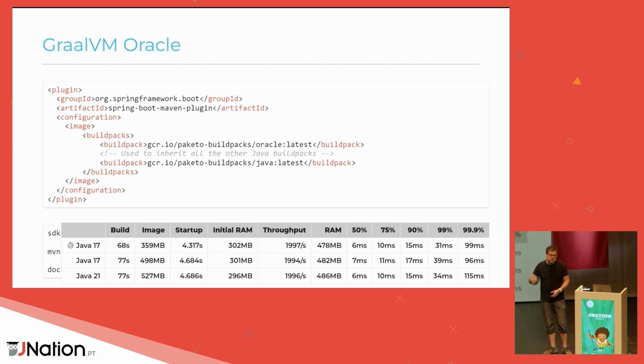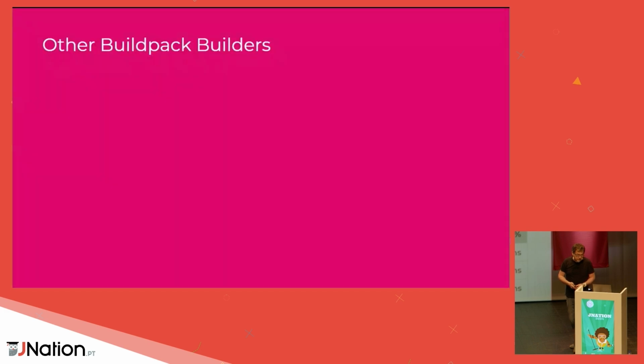Before, there was an Enterprise Edition, called GraalVM Enterprise Edition, and you had to pay for it. Now it's free, but you're not allowed to ship it. Here the JIT is better and all the other numbers are better. So if you choose the route with GraalVM, go for the Oracle distribution because it's the fastest.